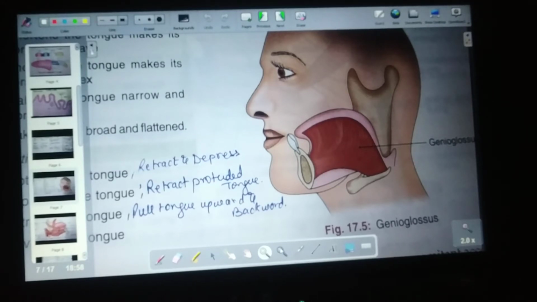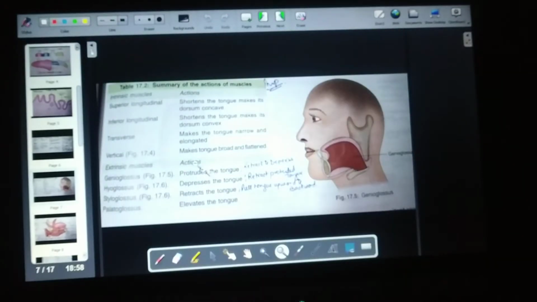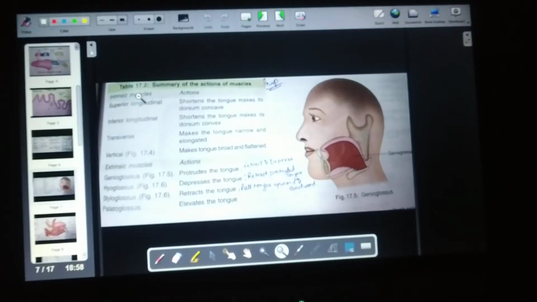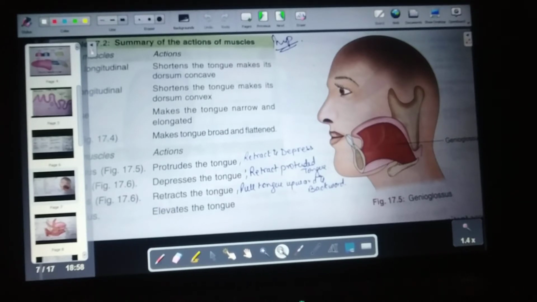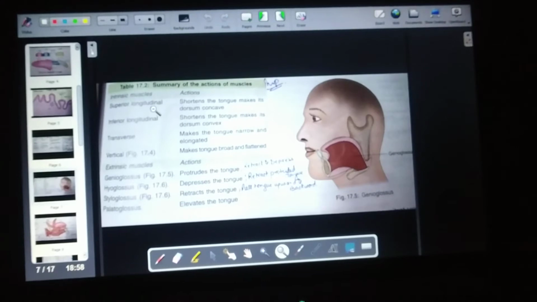Now, in gist, I am showing all the intrinsic muscles as well as extrinsic muscles along with their basic action. Let's start from here.